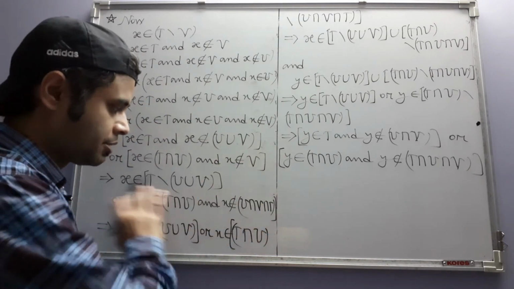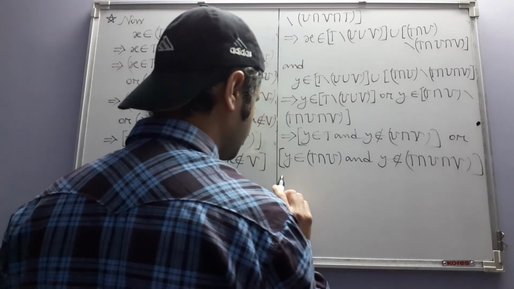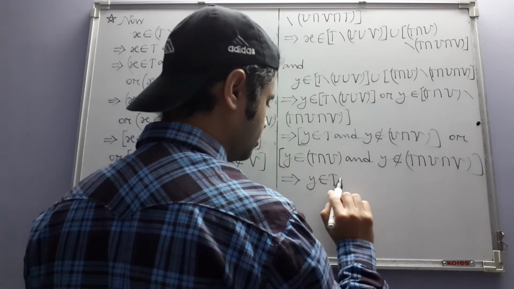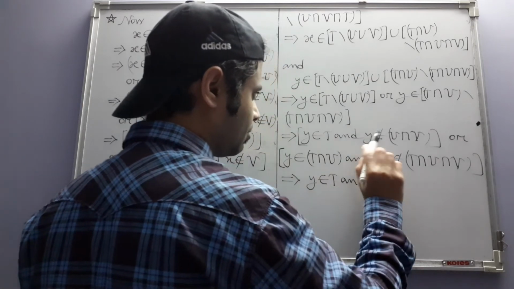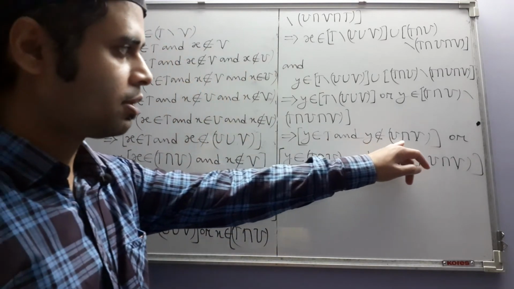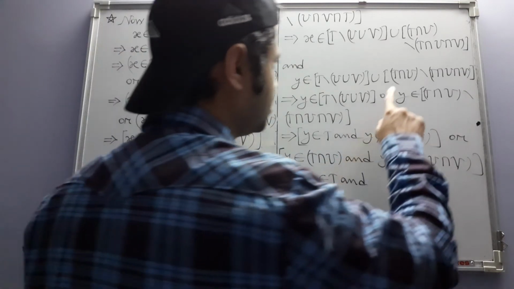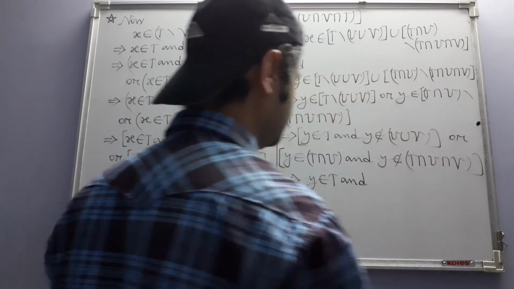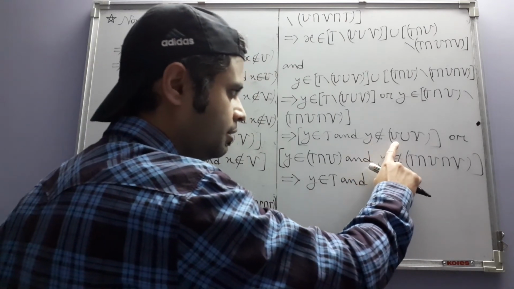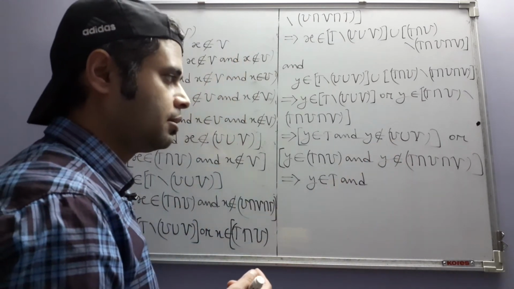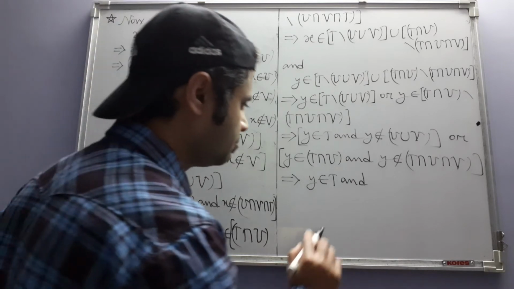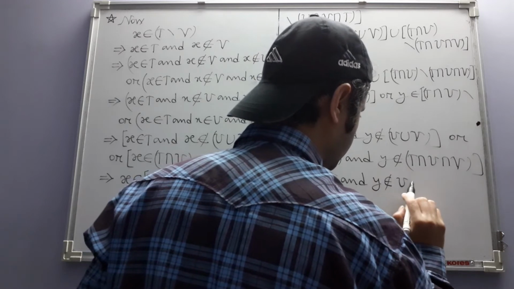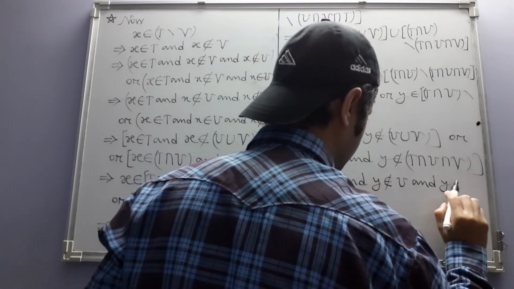Okay, only that much, not the entire thing. y belongs to t, and now y does not belong to, I think we have written it wrongly. This is not intersection, this is union. y does not belong to the union means y is neither in u nor in v. So that means y does not belong to u and y does not belong to v.